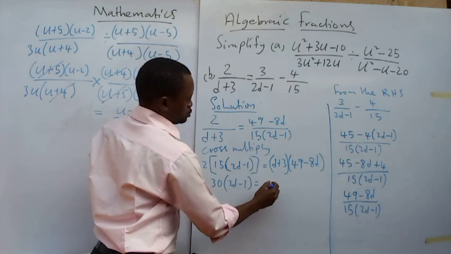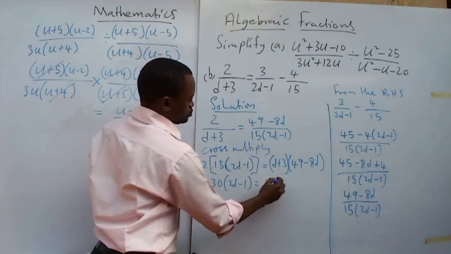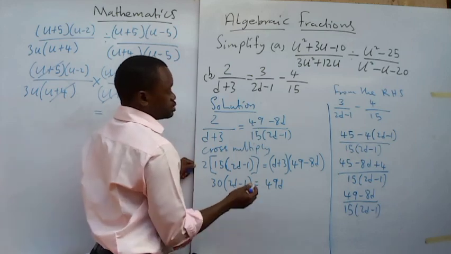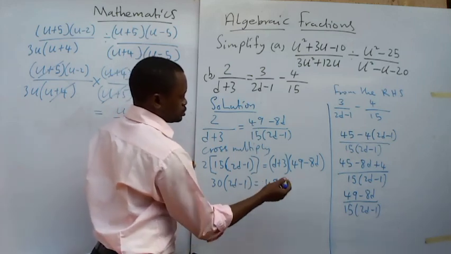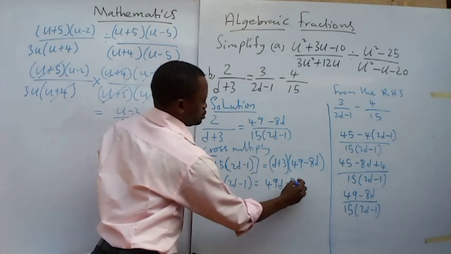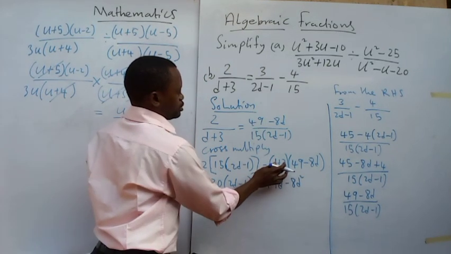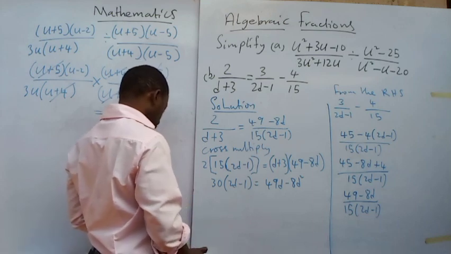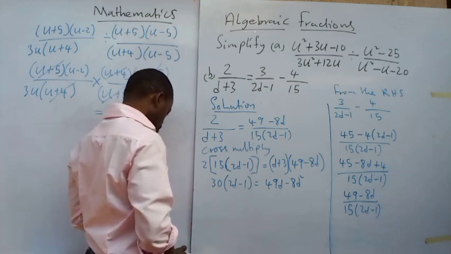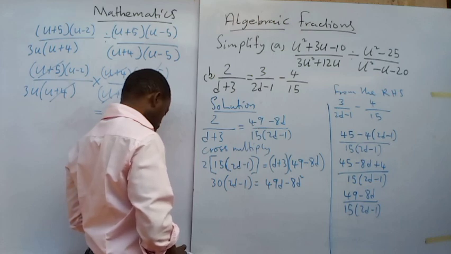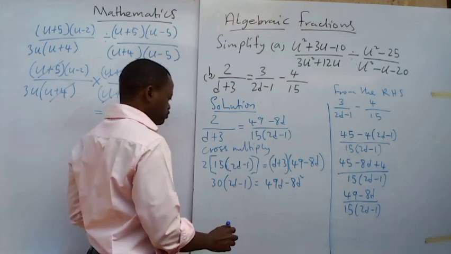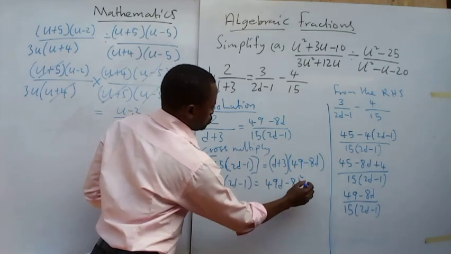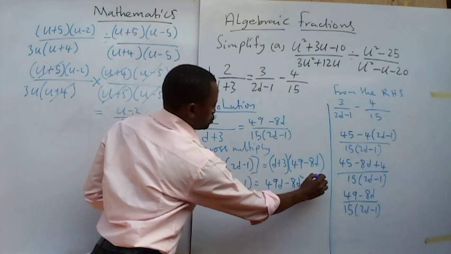d times this will give us 49d. d times minus 8d will give us minus 8d squared. And then we go by 3. 3 times 49 is equal to 147, so we now have plus 147.